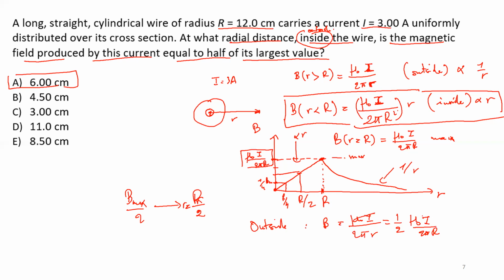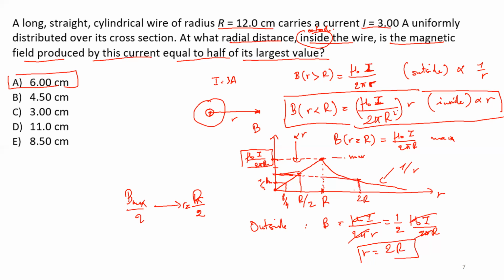Mu naught I, 2 pi, and you end up with R is just equal to 2R. So basically this half will correspond to 2 times R here. So when I look here, outside, this is 2R.